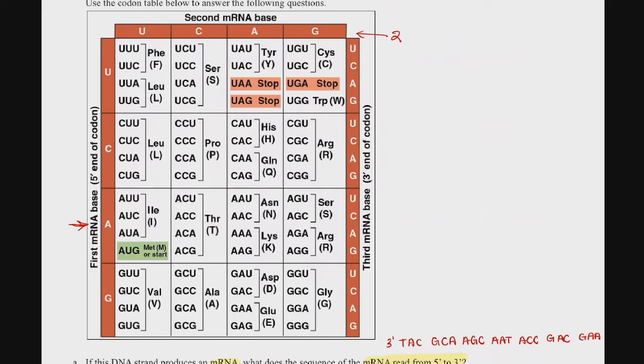So this is 2, this is 1, and then these little ones in here are 3. So you start with A, U, G, A, here, U, and then G.